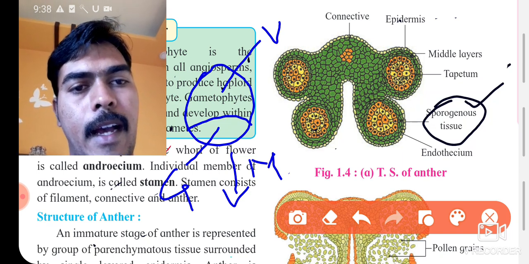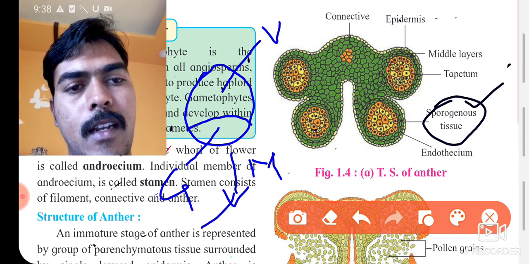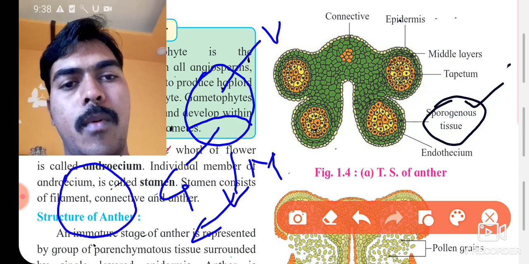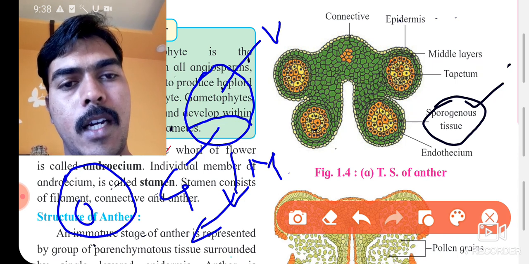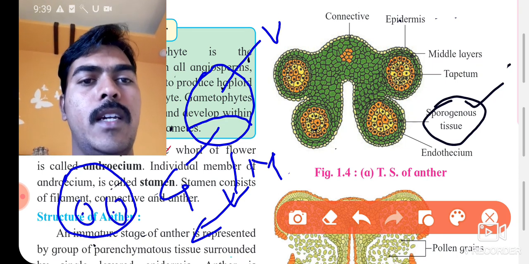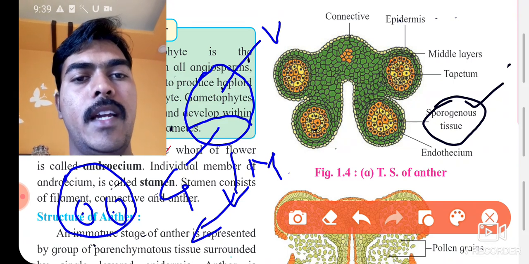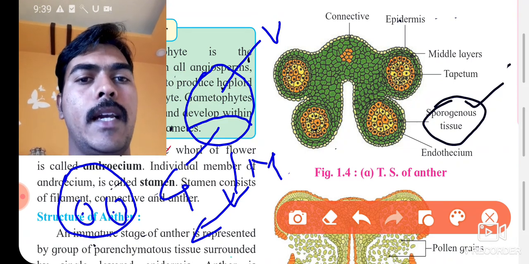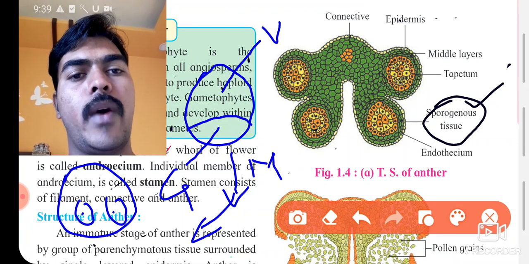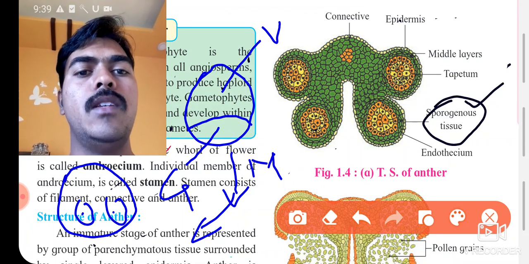So as this generative cell undergo a round of mitosis, it produce two gamete. Okay, so the generative cell divide into two male gametes, and vegetative cell which provide nourishment to this gamete.